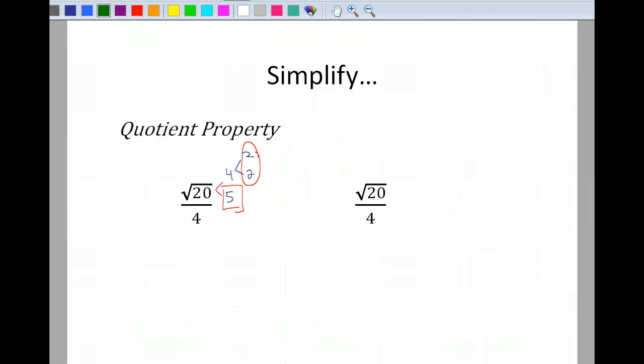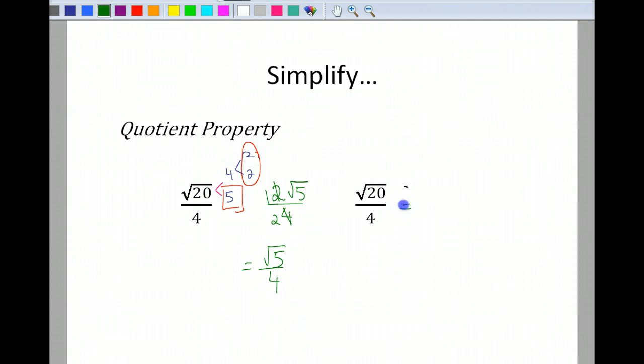So now I have 2 times the square root of 5 over 4. Oh, but these numbers will simplify. 2 will go into 2 one time, 2 will go into 4 two times, so I end up with the square root of 5 over 2.